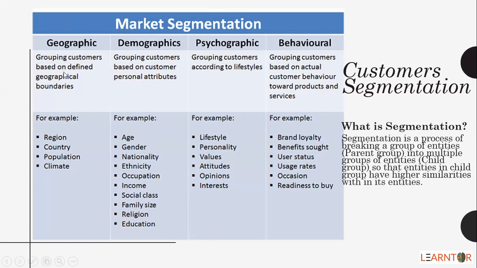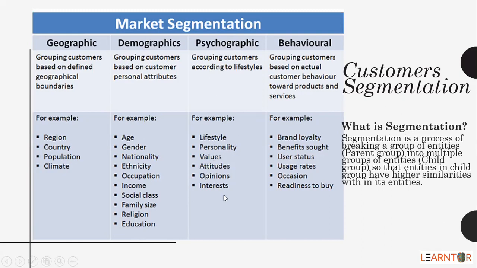Geographical: grouping customers based on defined geographical boundaries, region, country, population. With regards to demographic, you group customers based on personal attributes, their age, and as listed here, ethnicity, income, social class.